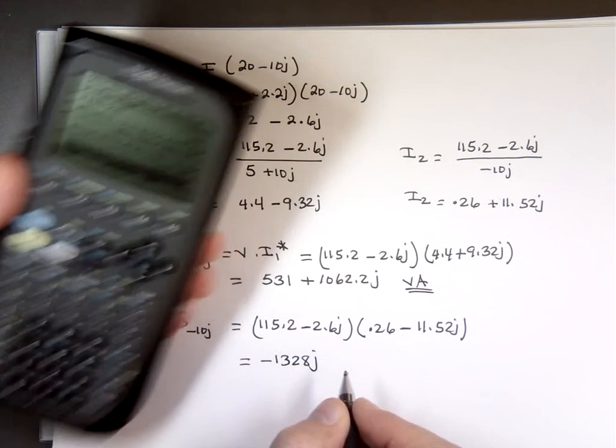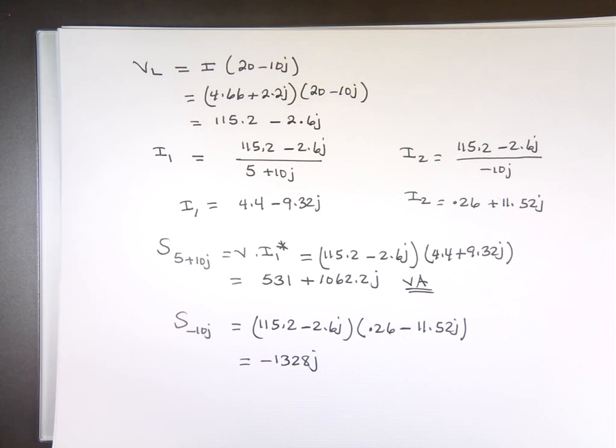And now we answer all the questions on it. Complex power absorbed by the negative 10j, by that one, by the source. Source is supplying, the rest of them are absorbing. Now if we take these numbers and add them, do they add up to 0? Curiosity. Let's take the sum of these 4 numbers.